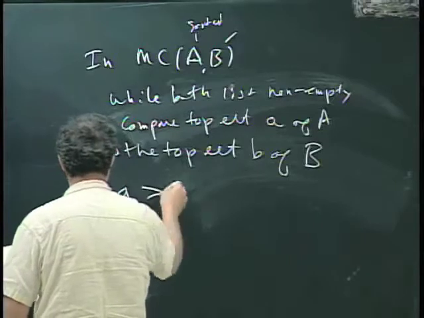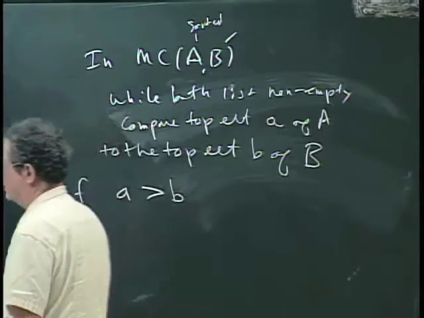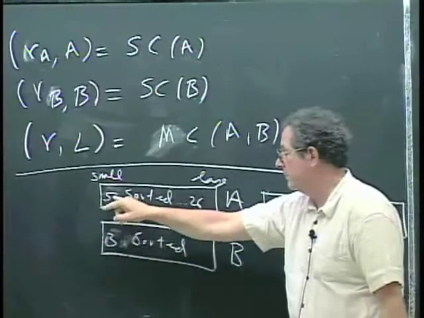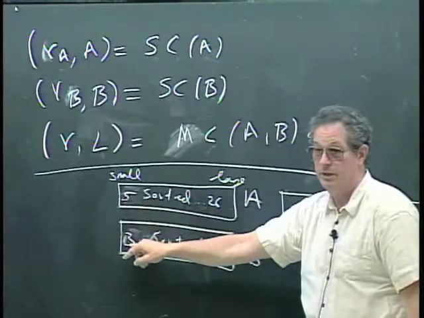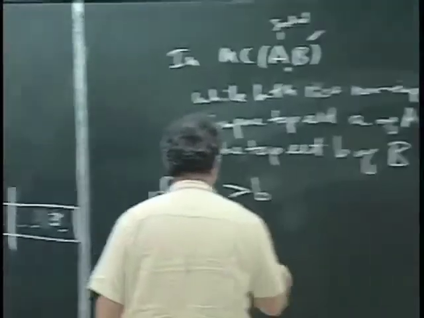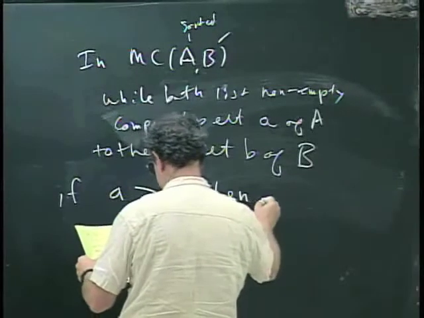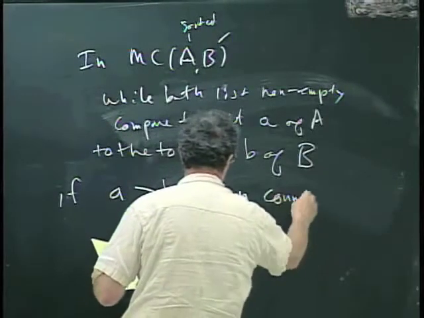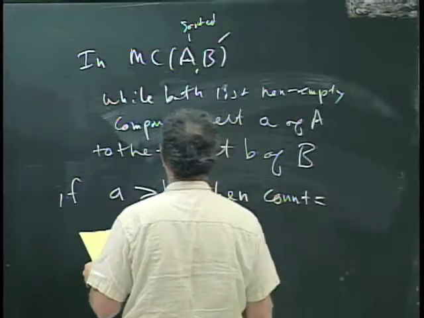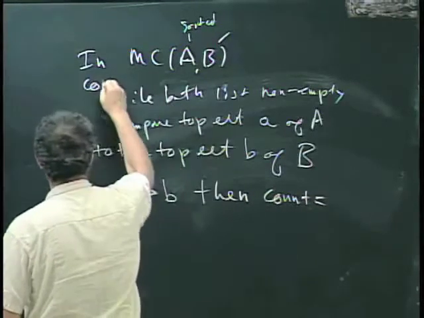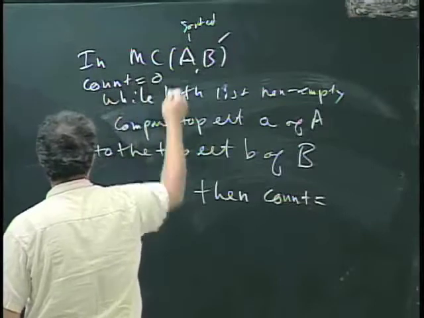if a is bigger than b, okay, it's this case. If the element we're looking at in A is bigger than b, then, I should have initialized count. Okay.